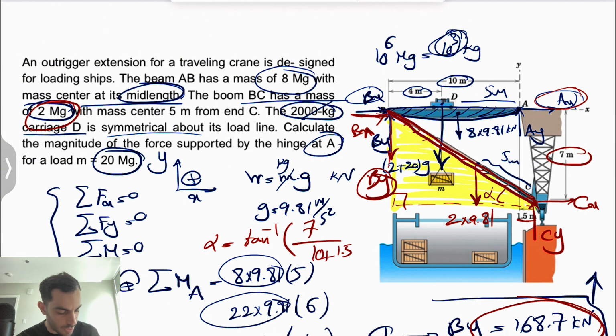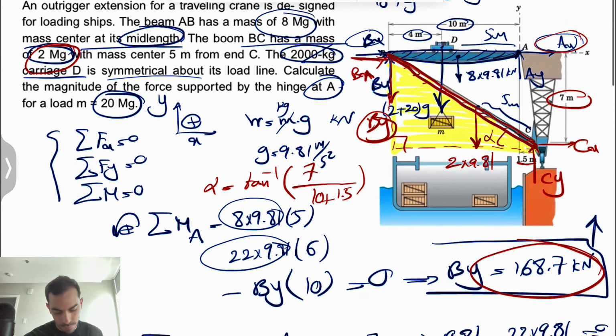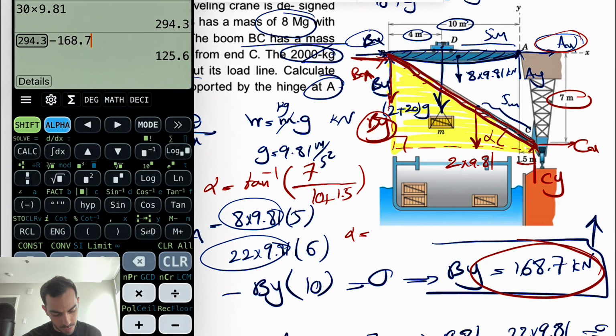So we can figure out alpha pretty easily in here: tangent inverse of 7 divided by 11.5 is going to be 31.3 degrees.